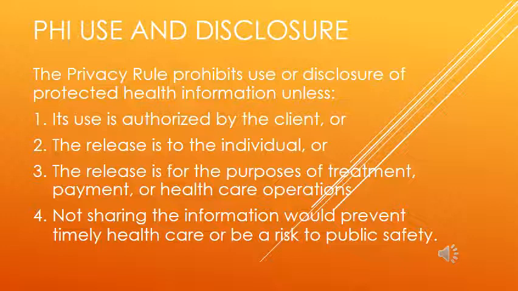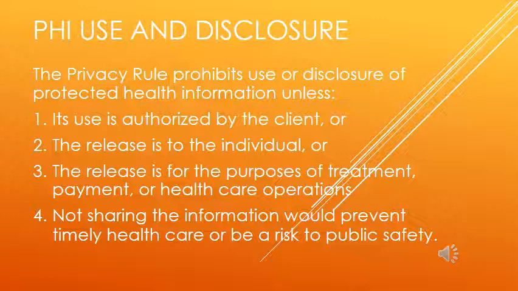Additionally, agencies may release information when they believe that it is necessary to release the information to prevent or decrease a serious and imminent threat to a person or to the public when such disclosure is made to someone they believe can prevent or decrease the threat.